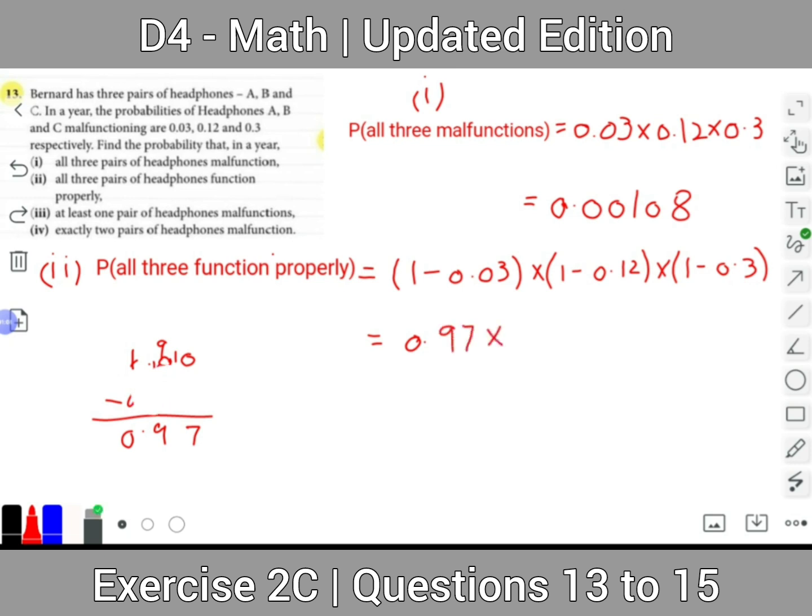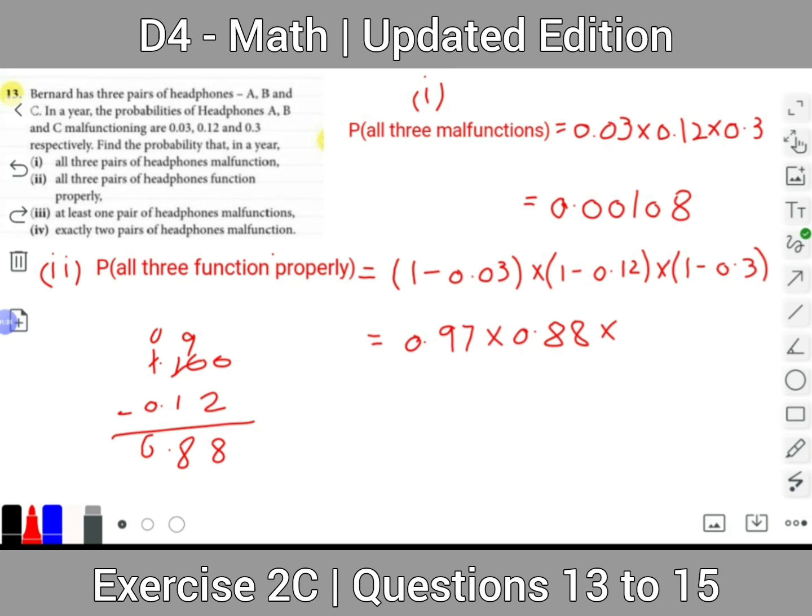multiplied by, now we have 1 minus 0.12. So here we have 8, and here we have 9, take away 1, 8 again. So here we have 0.88 multiplied by 1 minus 0.30.